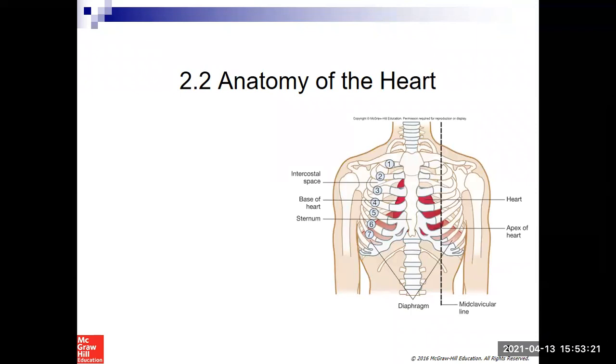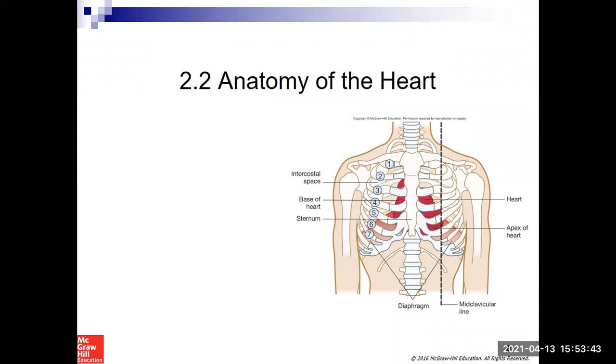Here you see that the heart is behind the sternum, that sternum bone, slightly to the right and to the left. Majority of it is to the left. And then we have the apex of the heart is the lower piece, as it's pointed to the apex, the very base of the heart.